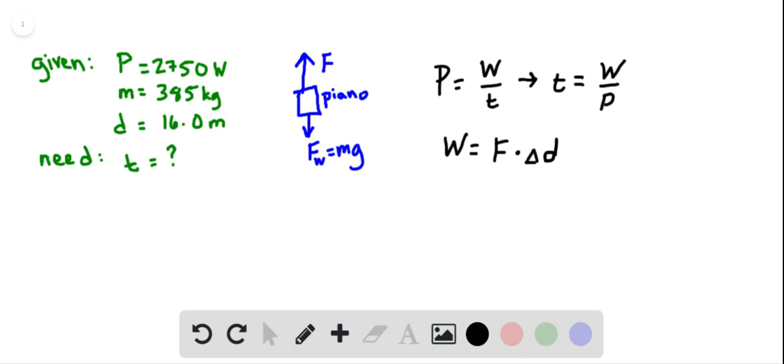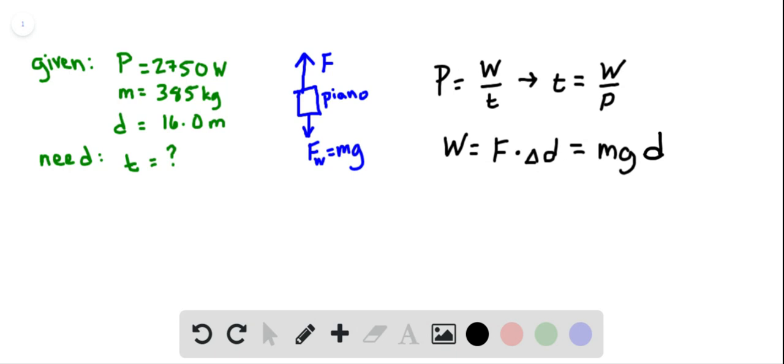So we can say that our work here is going to be mg times d. And that's just replacing this force with the weight force and delta d with d, because this d value is 16 meters from the ground. So delta d is 16 minus 0, or just 16.